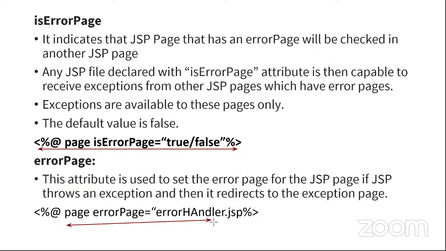In that other page, we must pass errorPage equals the page name where we are going to handle that exception. We'll see this with one activity so that you can get it clear. Now let's move ahead.